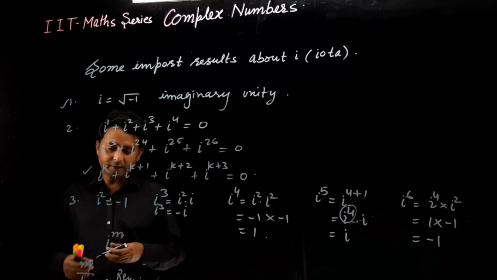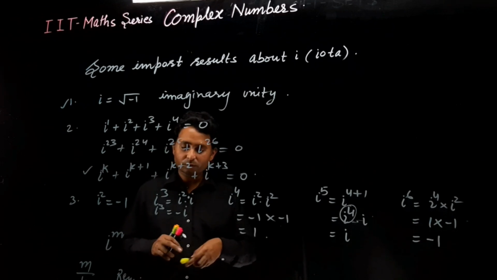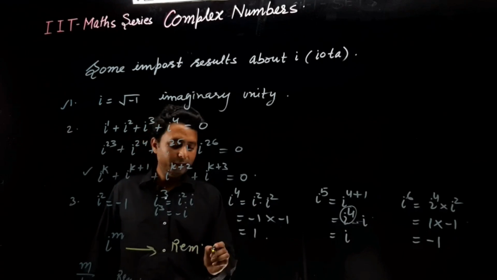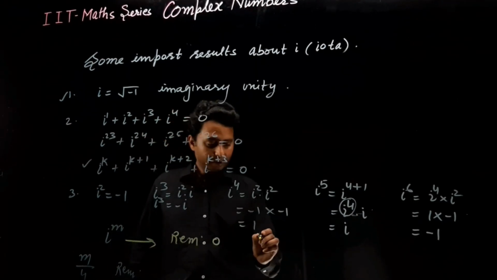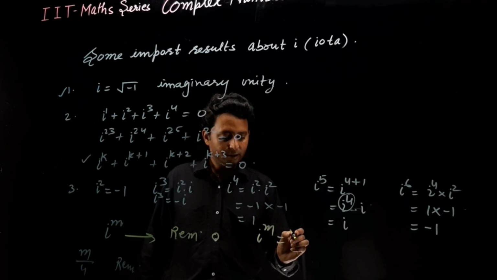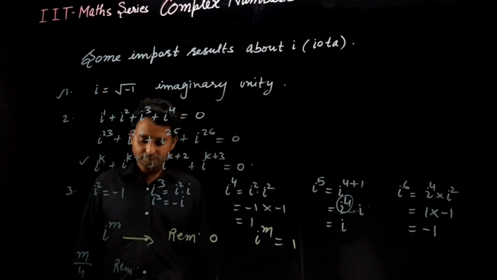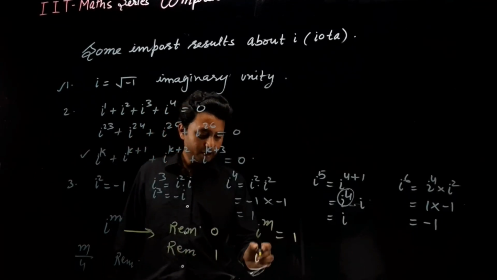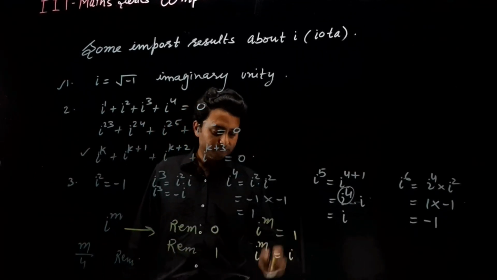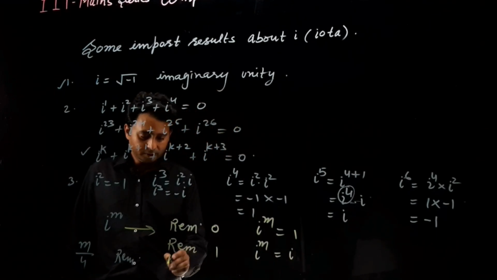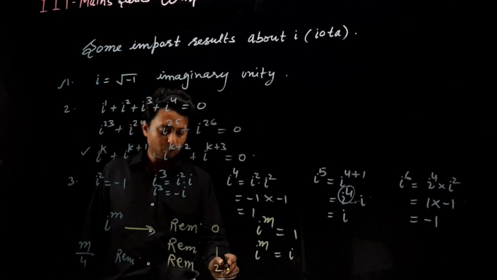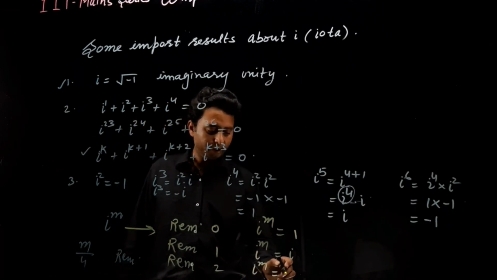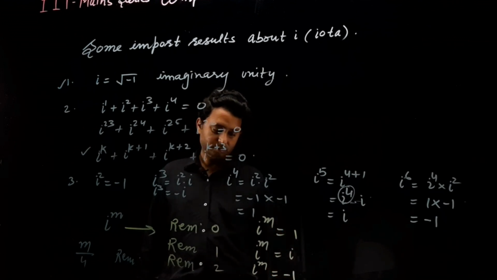If the remainder is 0, then iota to the power m will be 1. If the remainder is 1, then iota to the power m will be iota. If the remainder is 2, then the value of iota to the power m will be minus 1.